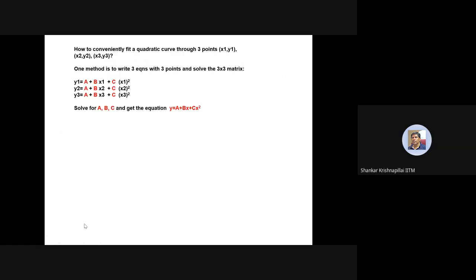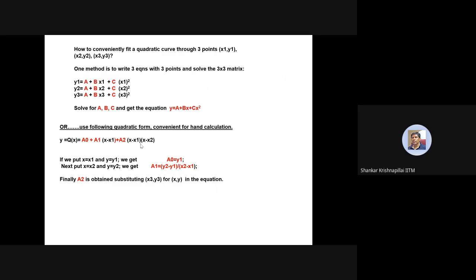Okay, so last class we were looking at Powell's method of quadratic fit. You have to find three points and fit a quadratic through them, using this equation. You find a0, a1, a2 and you can fit a curve.